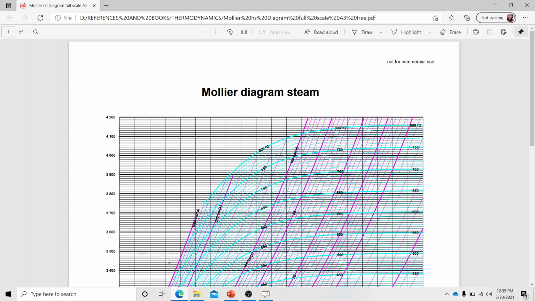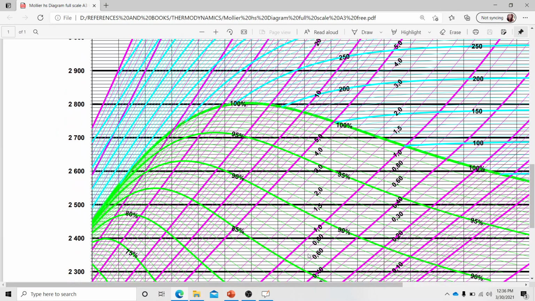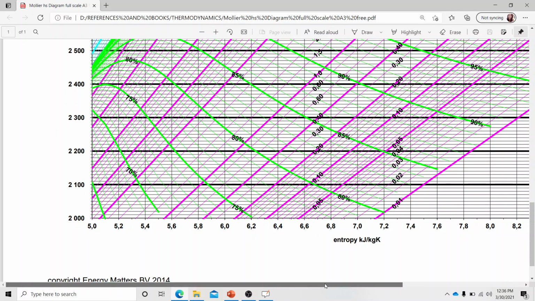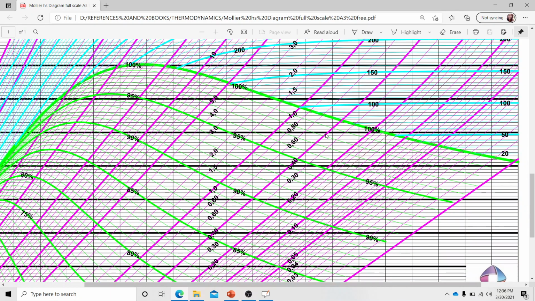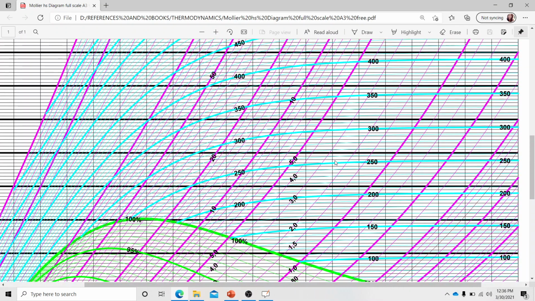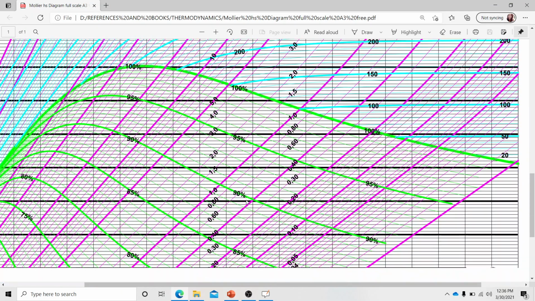Okay, or equivalent sa 0.2 bar. Tama ba? Ang pressure natin dito is eto.